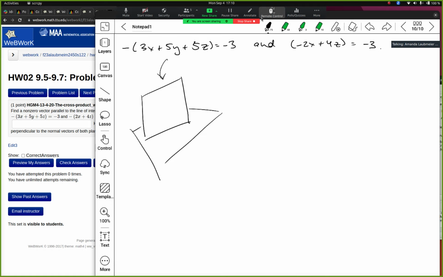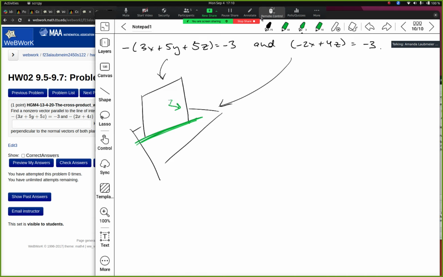Maybe that one's the first plane, and that one's the second plane. And this right here is their line of intersection, where the two planes touch. That hint is telling us that this line of intersection has to be perpendicular to the normal vector from the first plane, because that line lies in this plane, and the normal vector is perpendicular to everything that lies in the plane, so it must be perpendicular to that line.